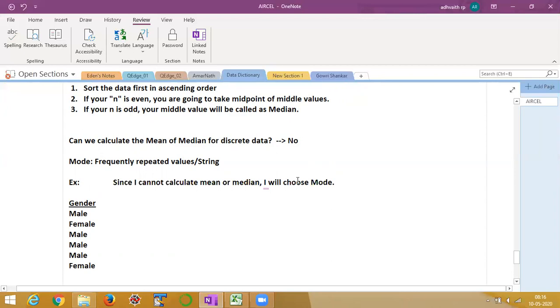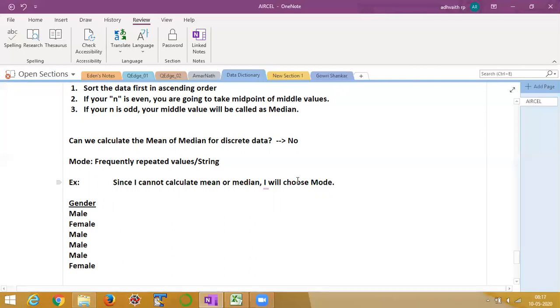If someone asks me which gender has the most people, I cannot say what the average gender is. The question itself is wrong, first of all, right? So what people will ask is whether most of your students are male or female. My answer is male, because the most highly repeated is male.